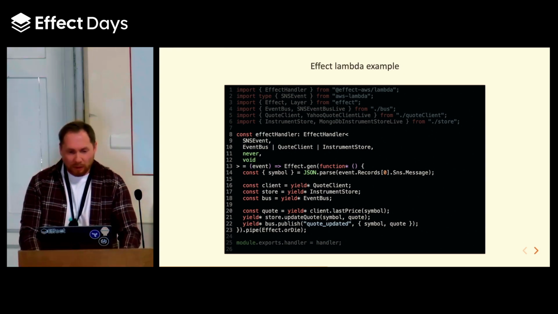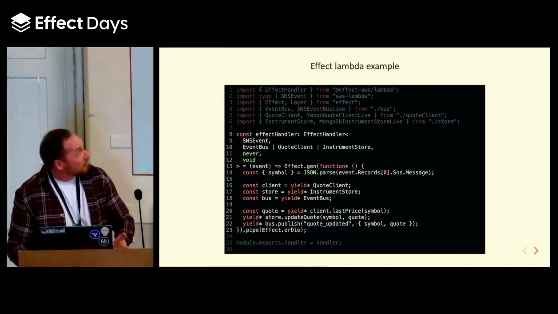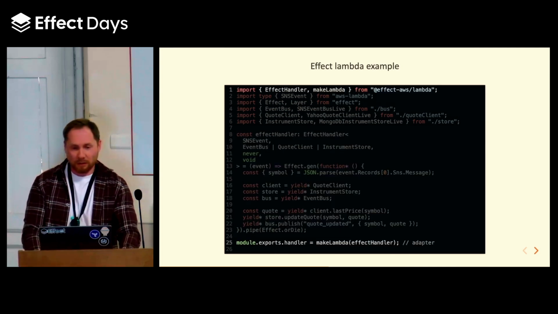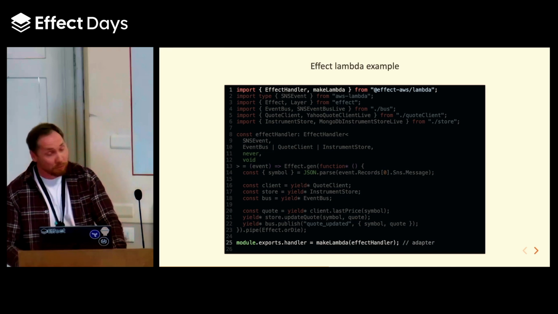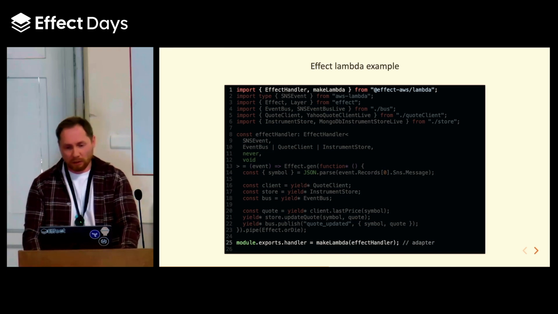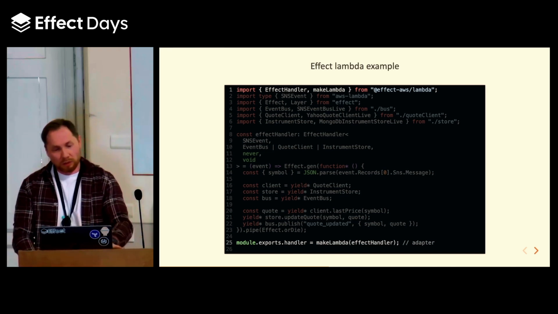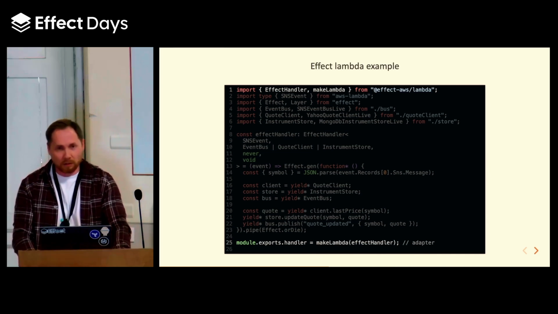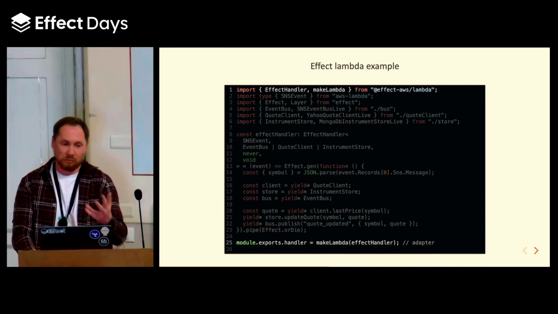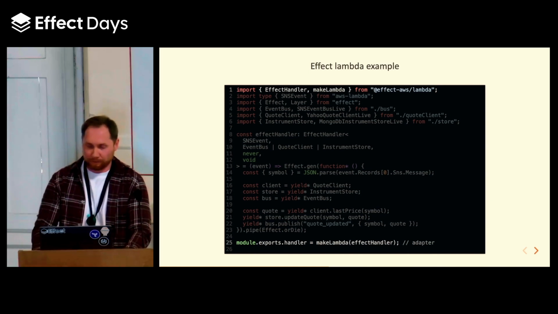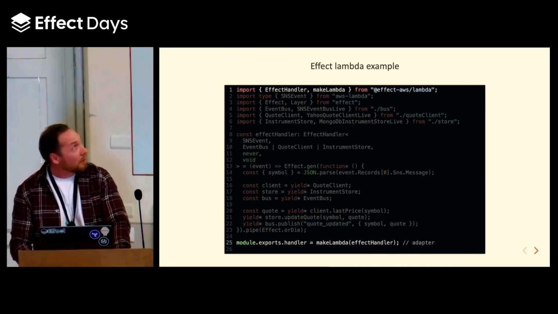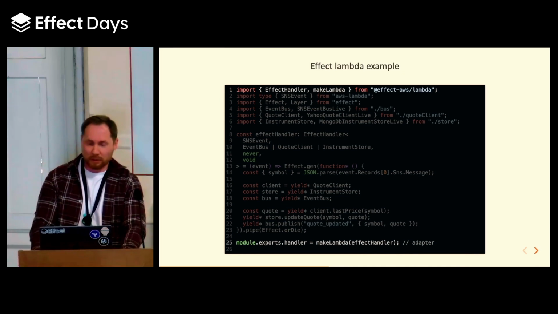However, we need to run this handler somehow. This is where we have the makeLambda adapter imported from the Effect AWS Lambda package. We just wrap this effectful handler with this adapter, and it converts it to the classic Lambda handler. We export it normally, and it will be handled by the Lambda service.